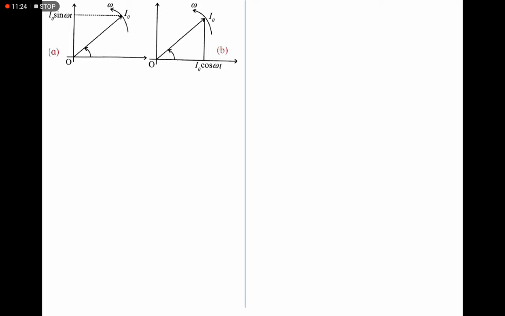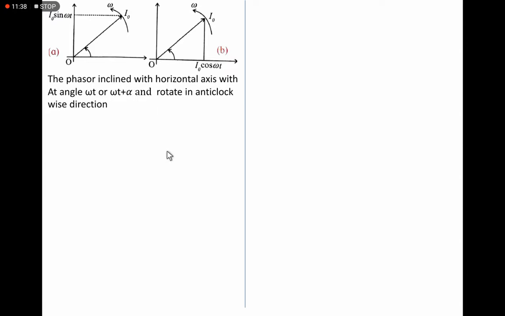Here current is the instantaneous value, and it is resolved in two parts. One is along x-axis and one is along y-axis.